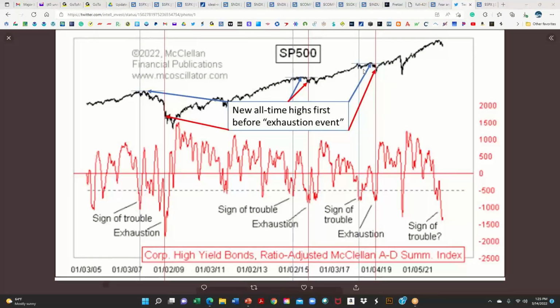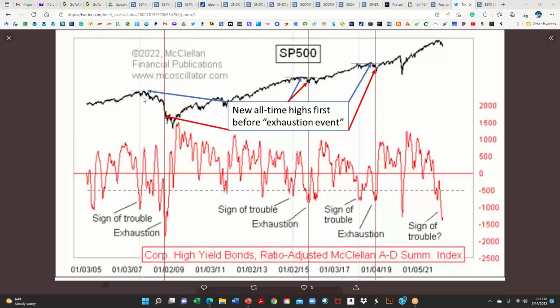It's free. You can go on his website. Data is only available since 2005, so it's very, very limited. We have a partial bull, one bear, and another bull. But what he sees here is that when the AD line drops from a certain high to below minus 500, pretty much falls out of bed, then rallies again, that's the first sign of trouble.